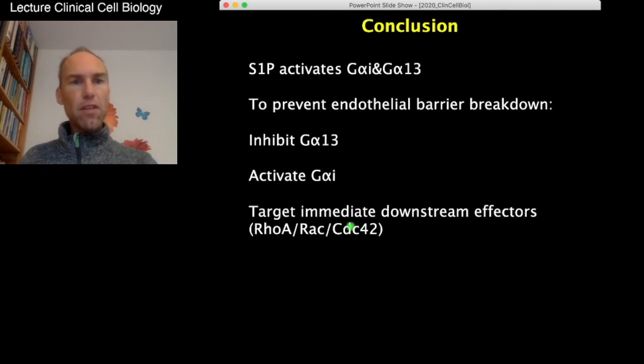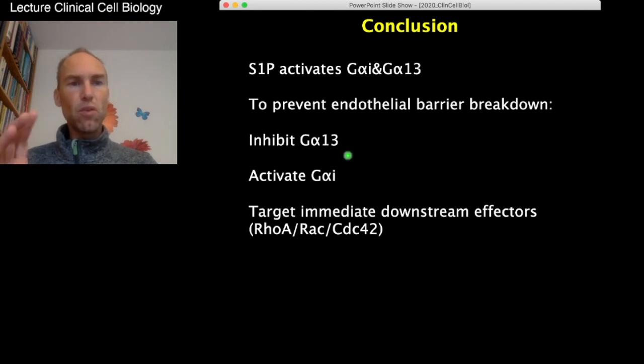And this then leads us to these conclusions. We have shown that sphingosine 1-phosphate activates both G-alpha I and G-alpha 13. And now this has important implications for GPCR control of barrier function. So if we want to prevent barrier breakdown, we have several options. We can either inhibit the G-alpha 13 activity, or we have to find ways to activate G-alpha I activity.